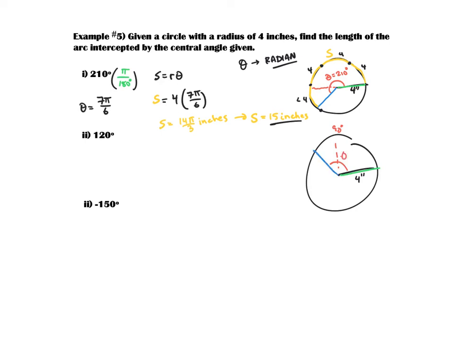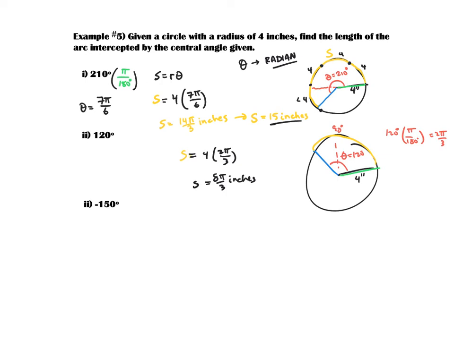So theta is 120, which converts 120 times pi over 180 to 2 pi over 3. Therefore, the arc length will equal r times theta. So 4 times 2 pi over 3, which will be 8 pi over 3 inches.